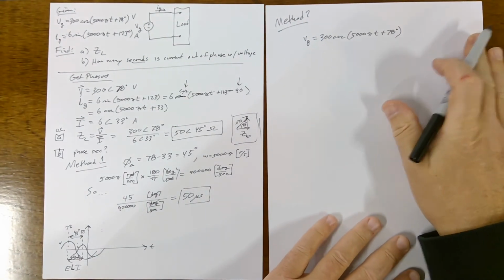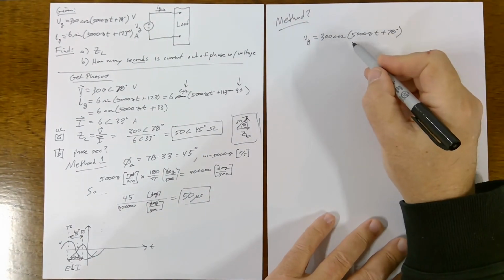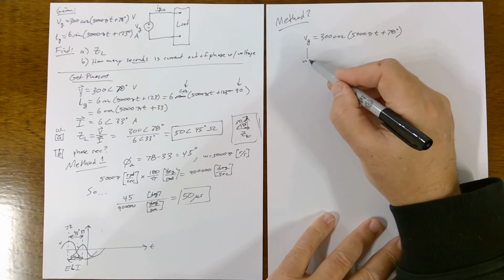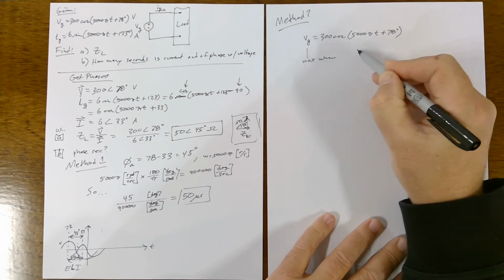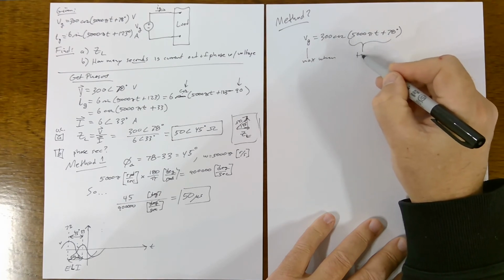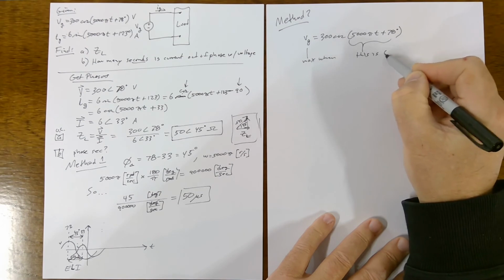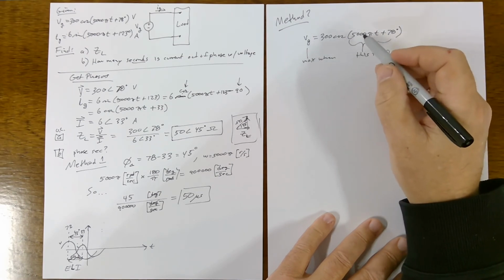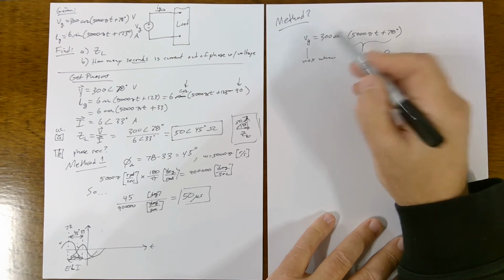This thing is max when this is 0, right? Because when this whole quantity is 0, its cosine 0 would be 1, and it would be 300 at the max, right?